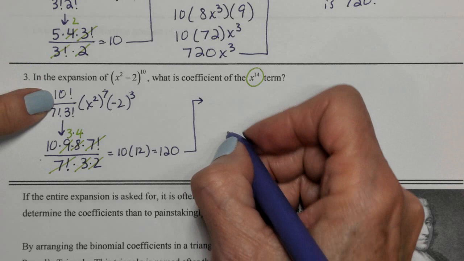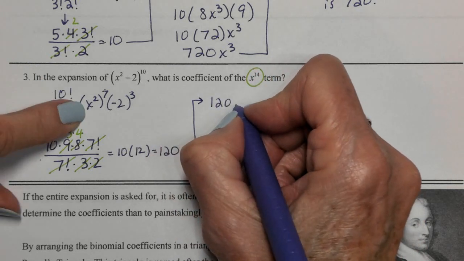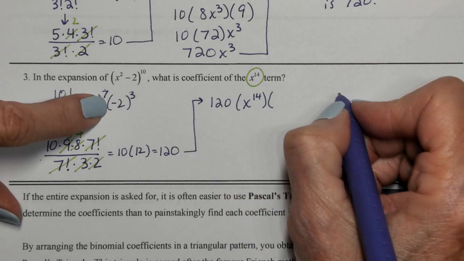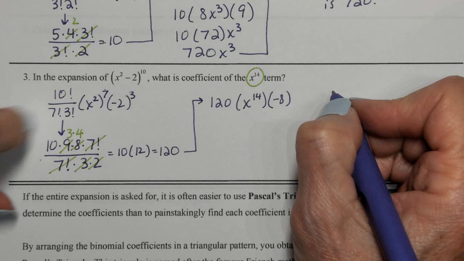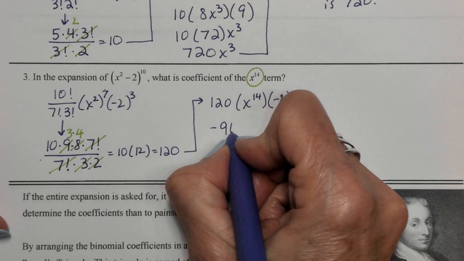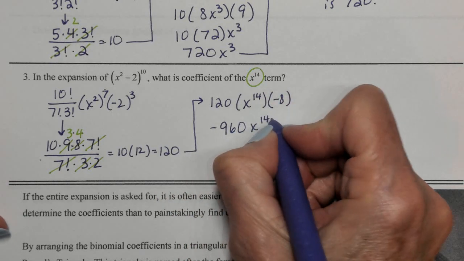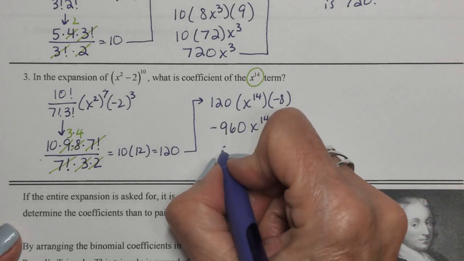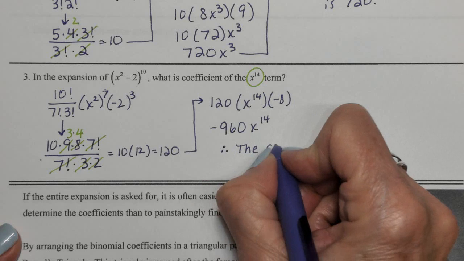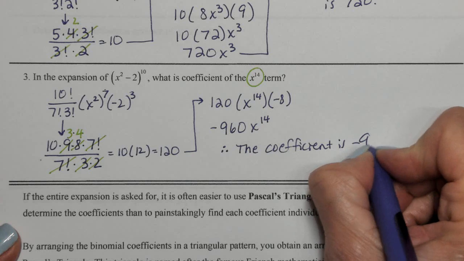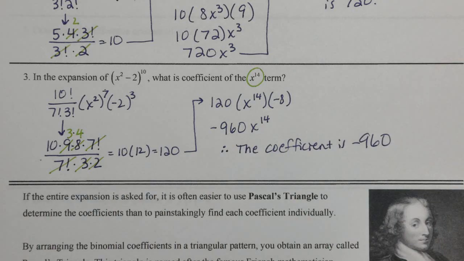So, out in front, I have 120. Then I have x to the 14th. Then I have negative 2 cubed, which is negative 8. Okay? Negative 8 times 120 is negative 960. So that means that therefore, the coefficient is negative 960. All right?